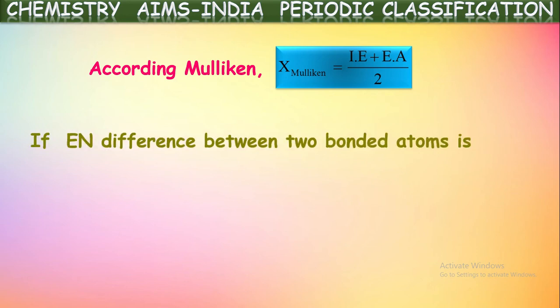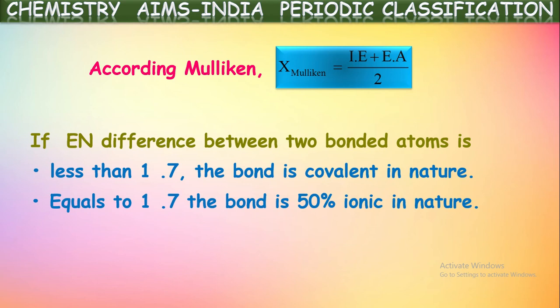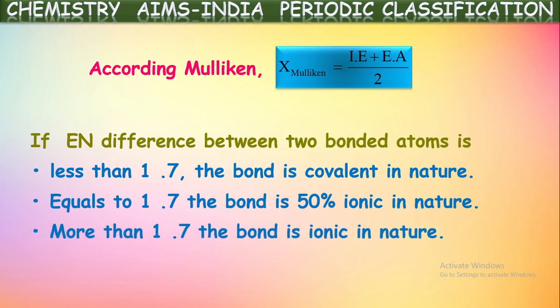If you are able to calculate electronegativities, and the difference between the electronegativities of two atoms in a bonded molecule is less than 1.7, then the bond is said to be covalent in nature. If it is equal to 1.7, then the bond formed between them is said to be 50% ionic in nature. And if the electronegativity difference is greater than 1.7, then the bond is said to be completely ionic in nature.